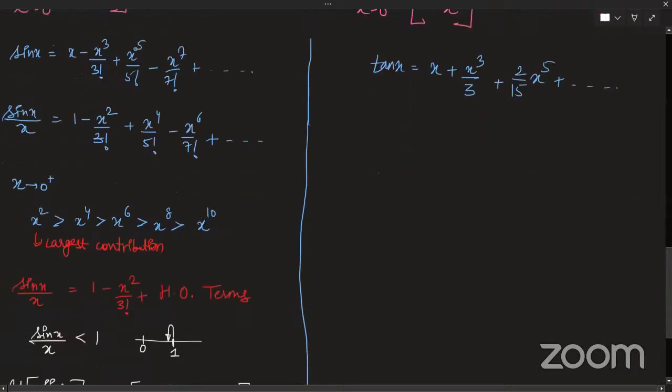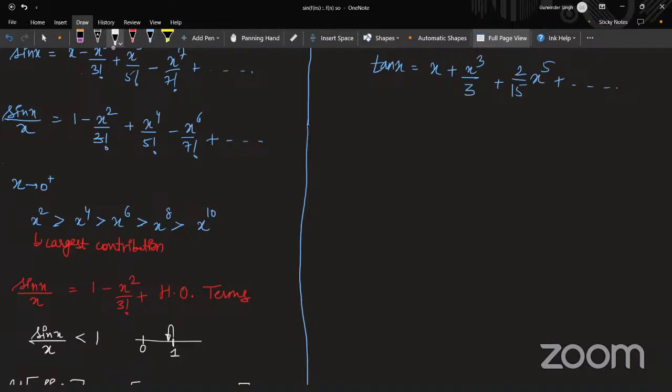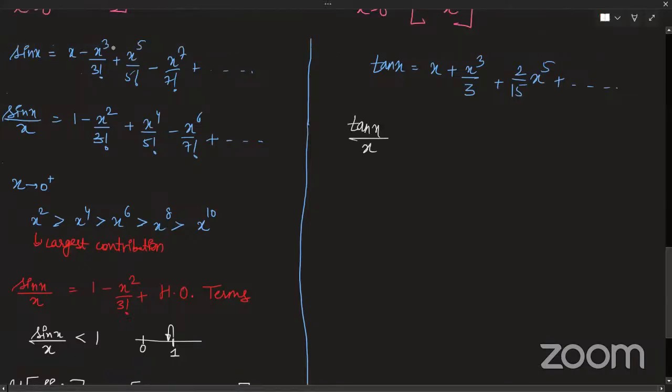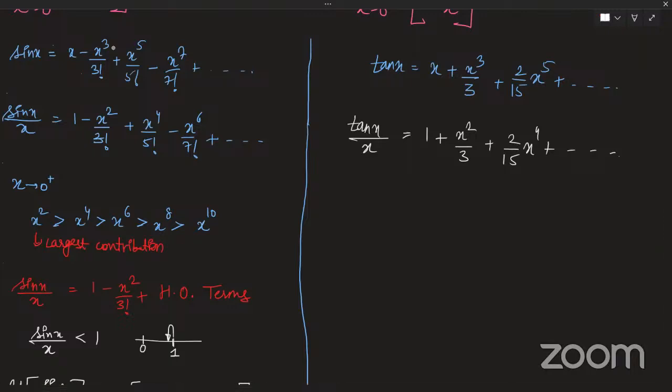Let us just look at this. What will be my value of tan x by x? It is 1 plus x square by 3 plus 2 by 15 x raised to 4 and so on. Which of these terms will have the highest contribution?